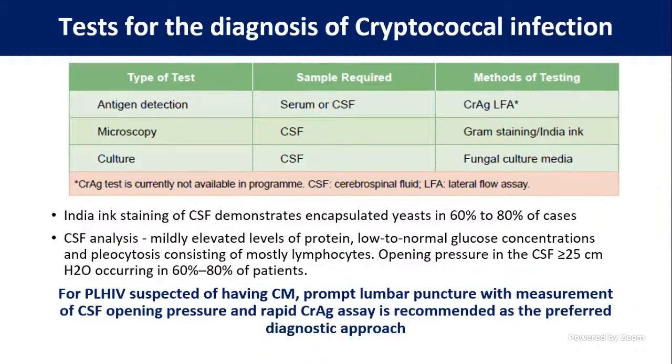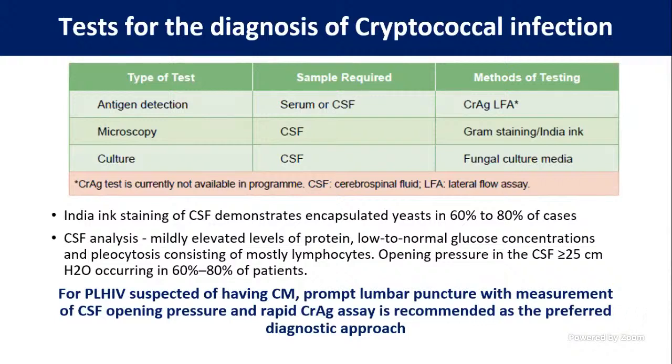So let us look at how to diagnose cryptococcal infection. Remember, what we are talking about is diagnosis of cryptococcal infection, not necessarily cryptococcal meningitis. Cryptococcal infection means presence of cryptococcus within the body of the infected subject. Cryptococcal meningitis is very specific when there is meningeal or meningoencephalitic involvement seen in these patients.